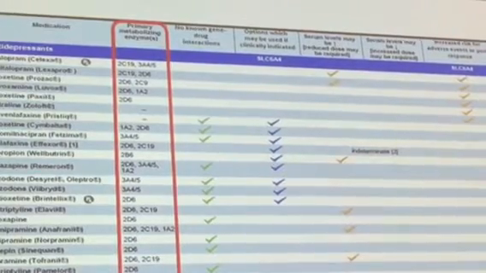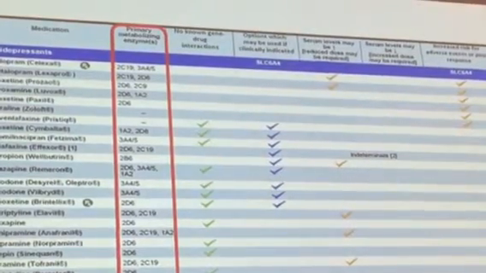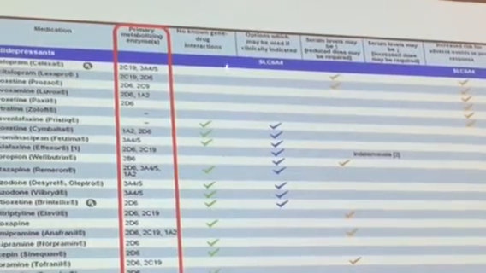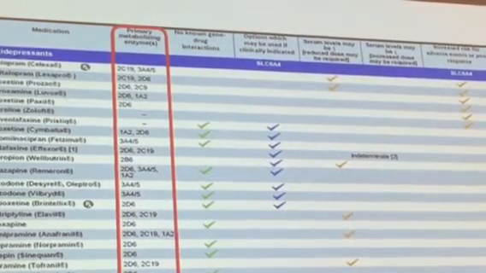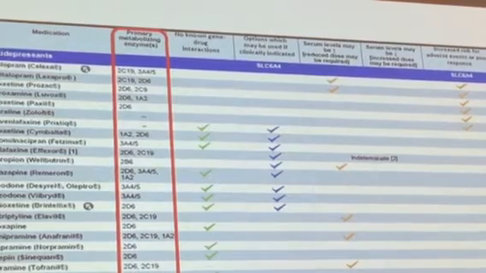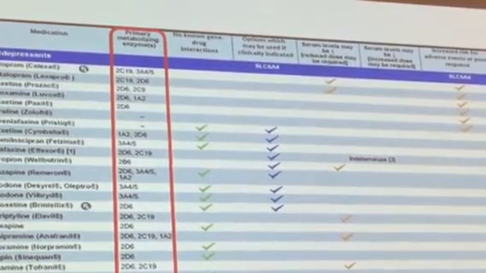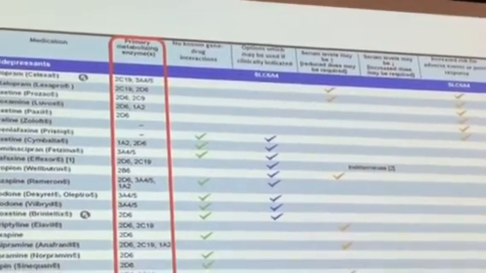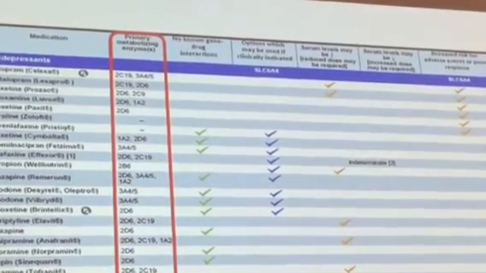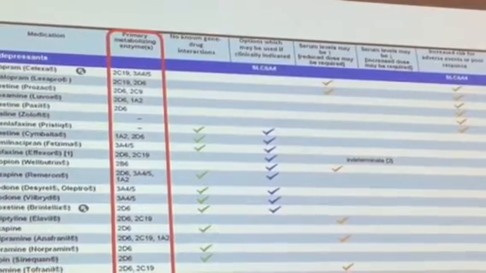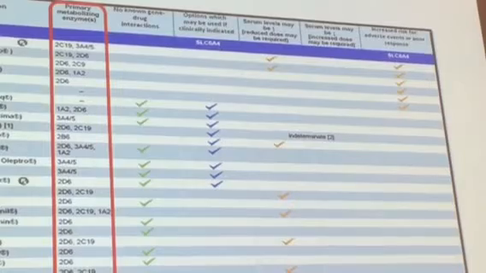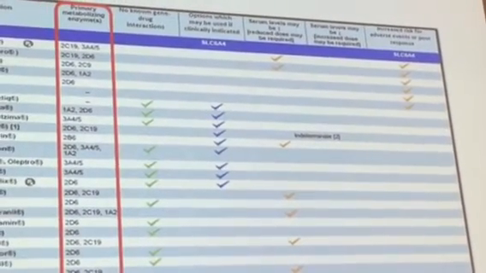So let's say, in this example, this person was a poor metabolizer at 2C19. Well, we tell you that drug levels may be increased in this patient because they're a poor metabolizer. In addition, they were short for the serotonin pumps, which predicts poor response to SSRIs. So we tell you here, be careful with SSRIs. They're not likely to respond to them, or lower response rates.